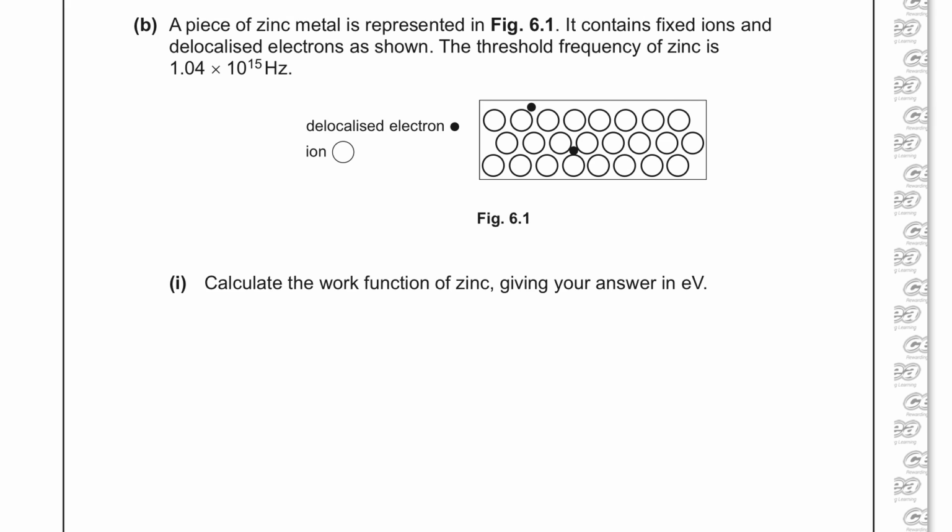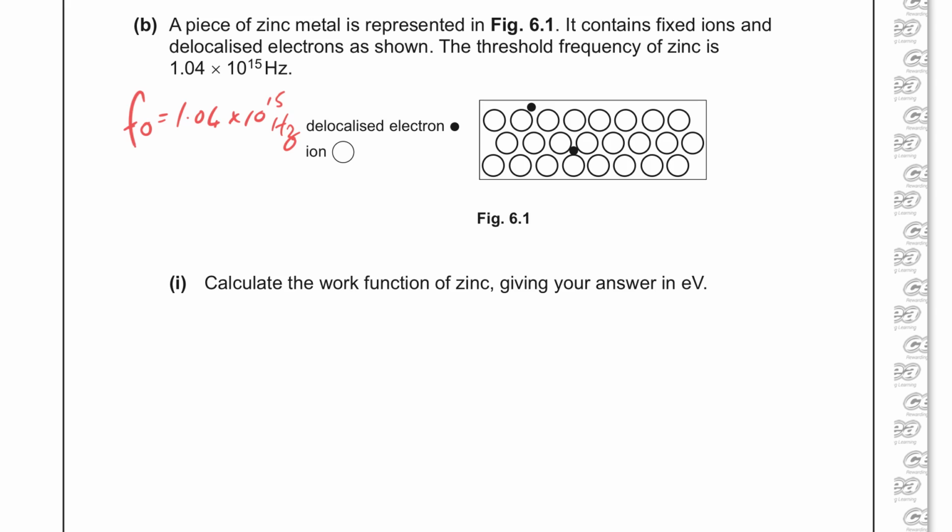Okay, so the threshold frequency is like the minimum photon that will emit photoelectrons from this. So the energy of that photon equals the work function of the zinc. So we've got an f naught of 1.04 times 10 to the 15 Hertz, and phi, the work function, equals h f naught.